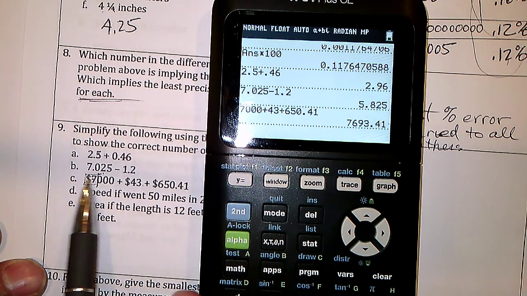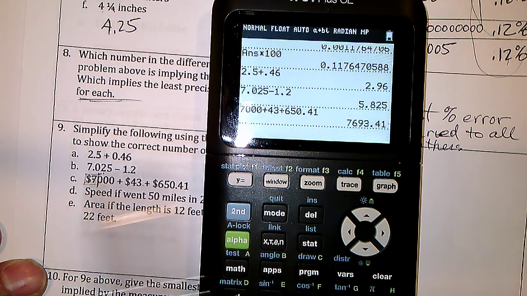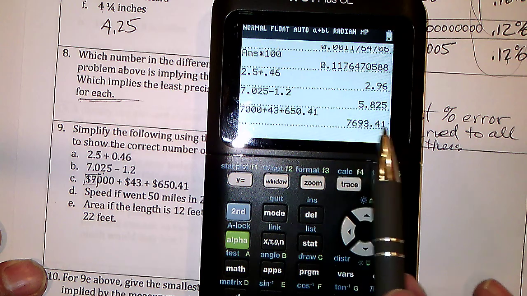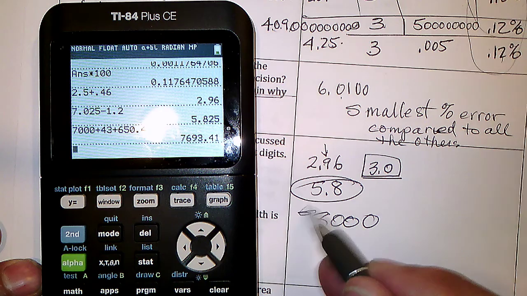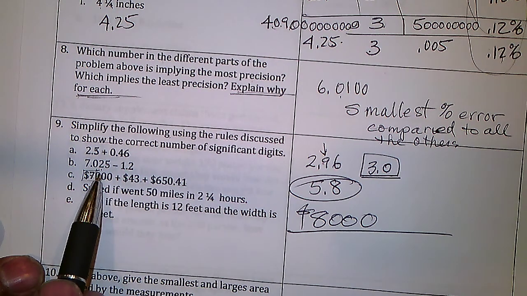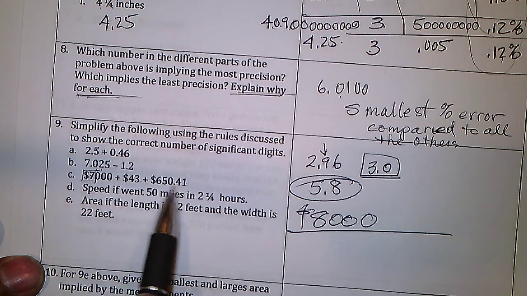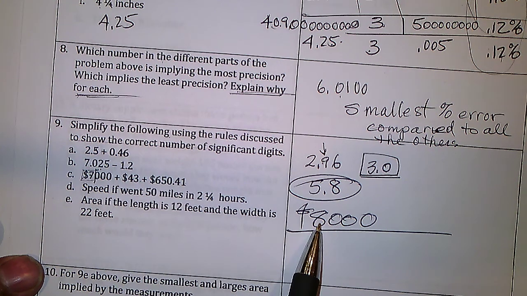So we have to round to the thousands place because these are not measured. They're not significant digits. Round this to the nearest 1,000. That would be 8,000. 7,000 plus that little bit plus that amount would come out to be closer to 8,000 than 7,000. That's what we're saying.